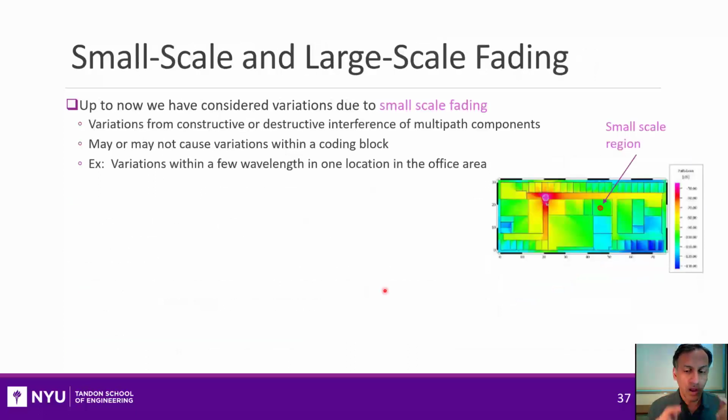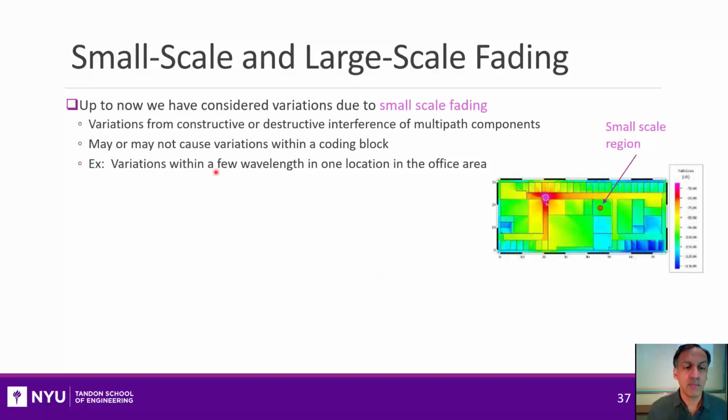All right, one final thing I want to emphasize when thinking about capacity is the following. Up to now, we've really been talking essentially about variations due to small scale fading. That is variations from the constructive or destructive interference of these multipath components as you vary either the frequency or your spatial position.